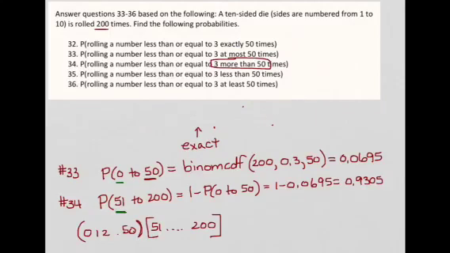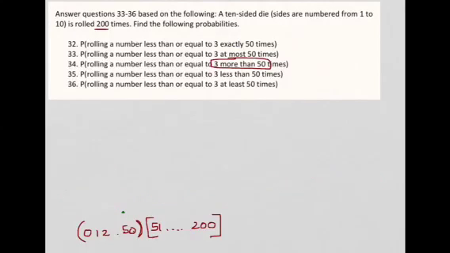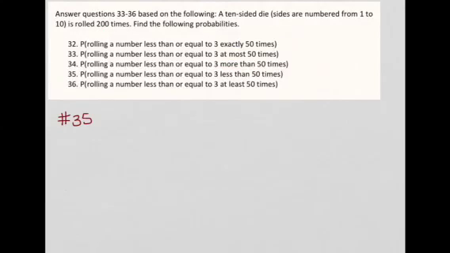I'm going to clear this out. And let's see what we've got. Okay, in number 35, now we want the probability of rolling a number less than or equal to 3 less than 50 times. So if it has to be less than 50, that's anything from 0 to 49.